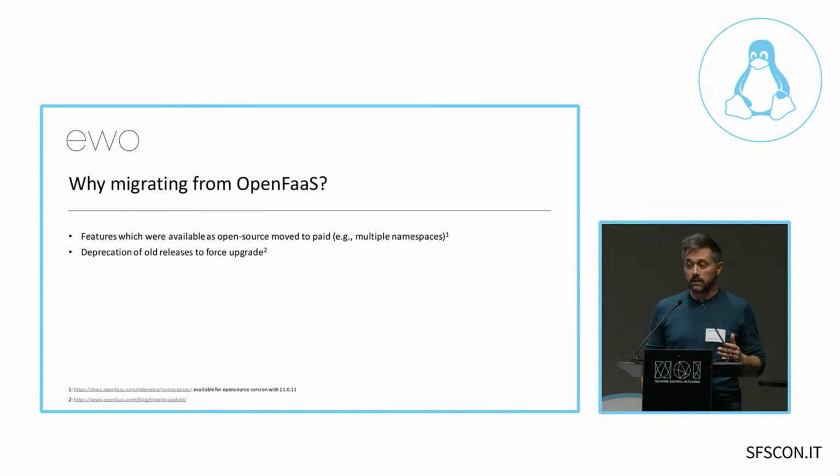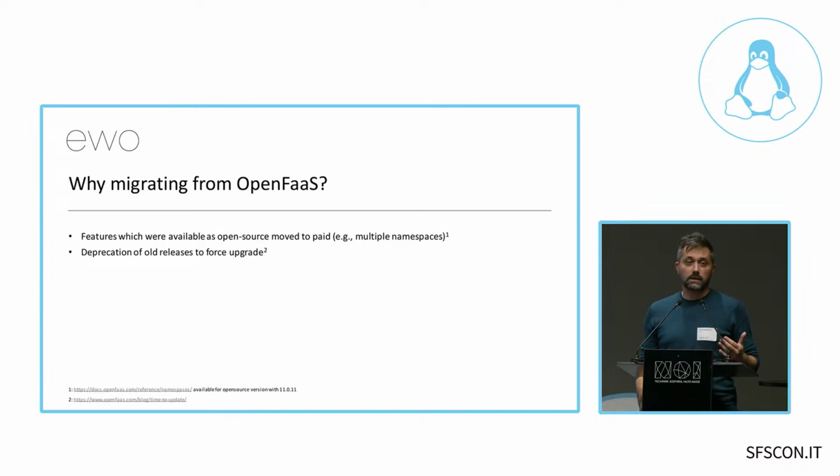But what happened? At some point, there were some changes in the OpenFaaS business plan, and some features that for us were fundamental, like, for example, having multiple namespaces. As you can imagine, we use Kubernetes namespaces for separating between customers, for separating between staging environment, testing environment, and also productive environment.